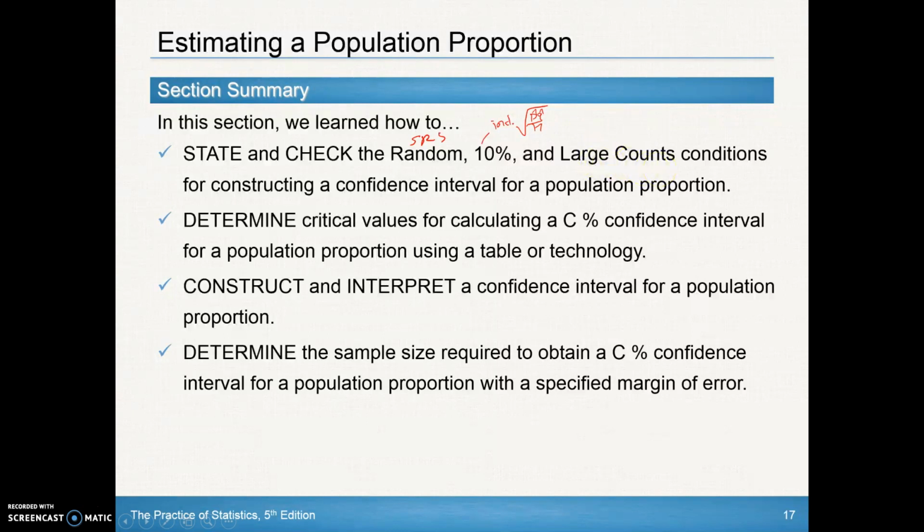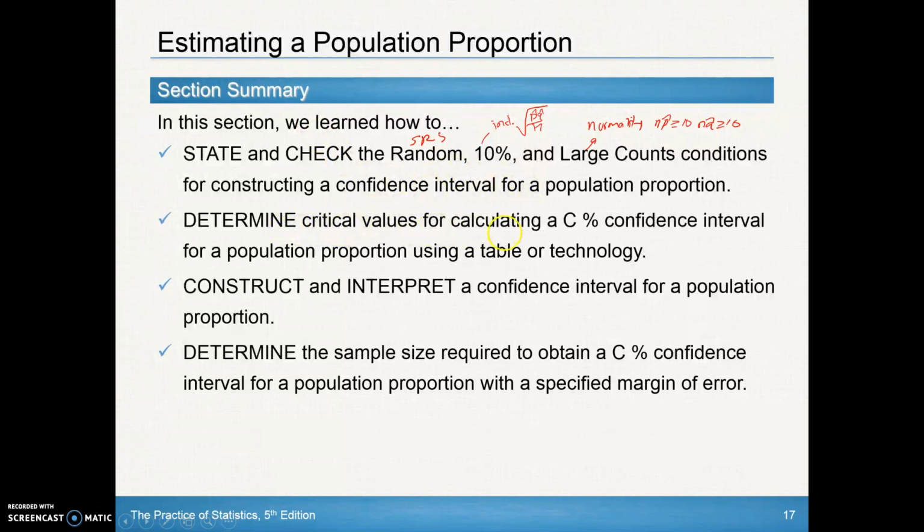Large counts condition, again, checking for normality for this situation here. And that's, again, N times P hat greater than or equal to 10 and N Q hat greater than or equal to 10. Now, all those conditions have to be stated and checked.